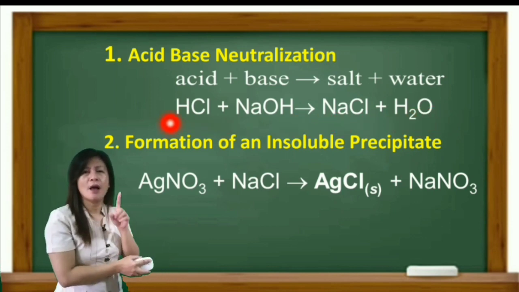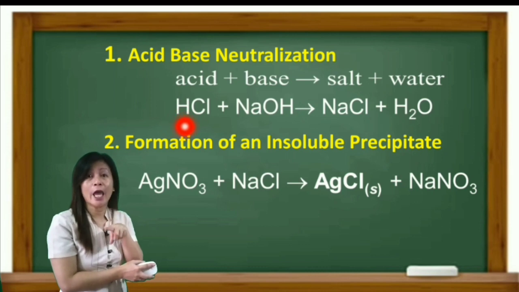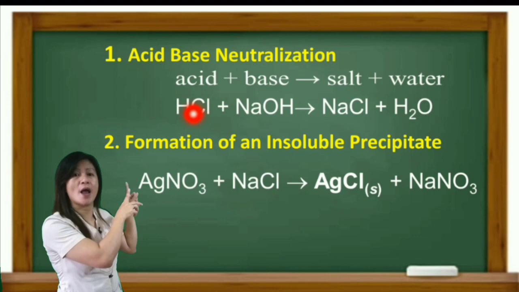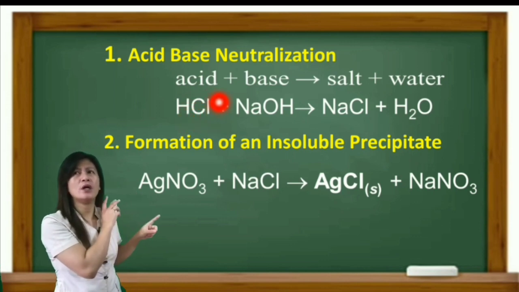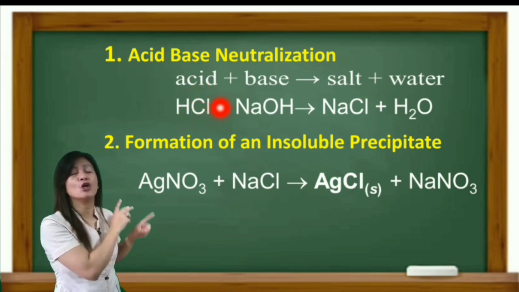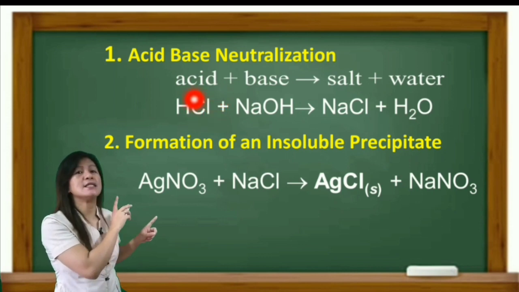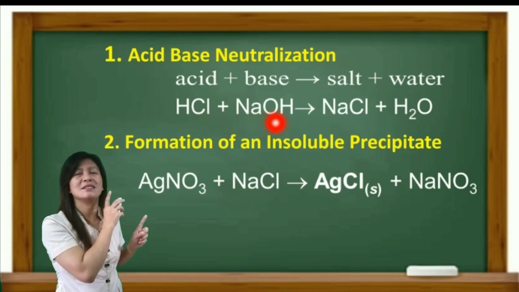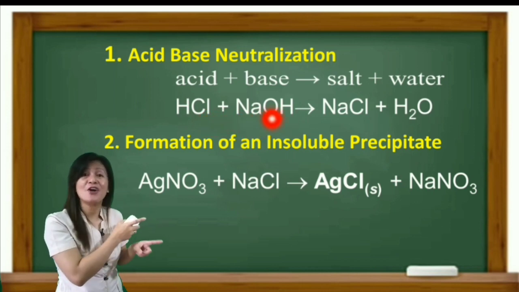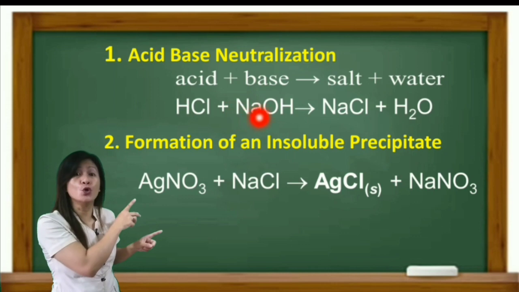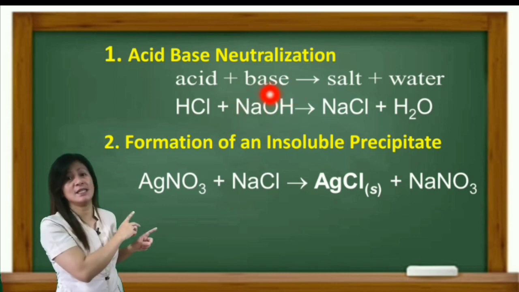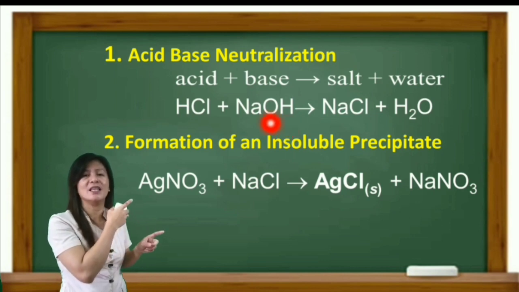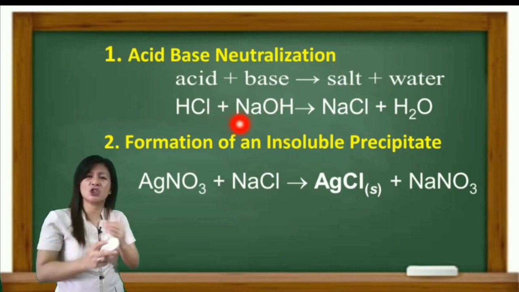Which is our positive ion A? That is hydrogen, with a charge of positive 1. Our negative ion B is chloride, negative 1. Our CD pair of ions is sodium, positive 1, as our C, and OH, negative 1, is our ion D. So they will simply exchange partners.